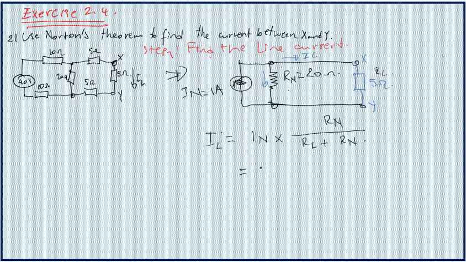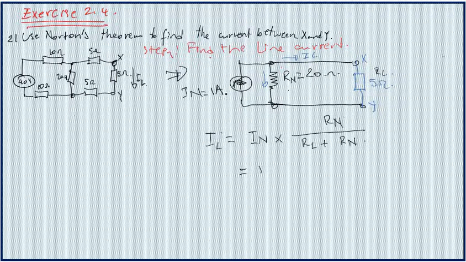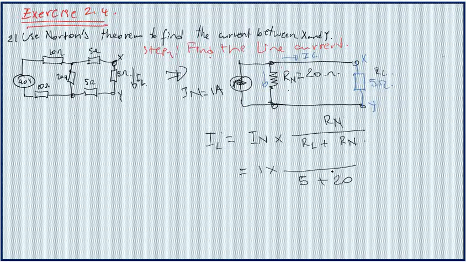So I have the value of IN, which is 1 amp, and I multiply by the load resistance, which is 5, and the Norton resistance, which is 20. On top I need to use the Norton resistance, because we are determining the current in this branch, so I need to use the opposite.